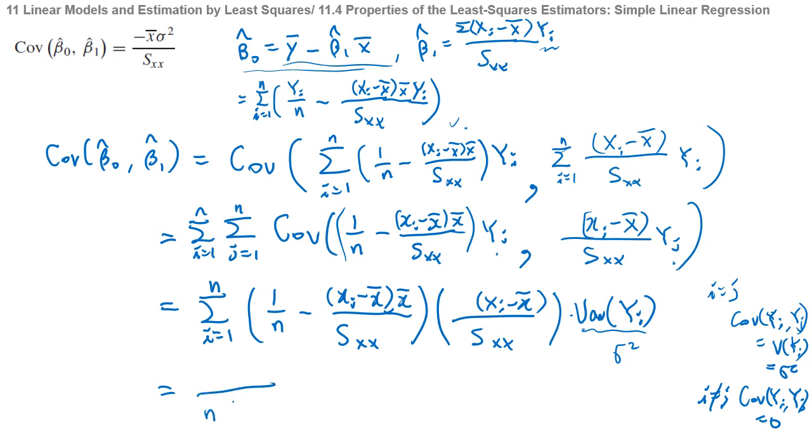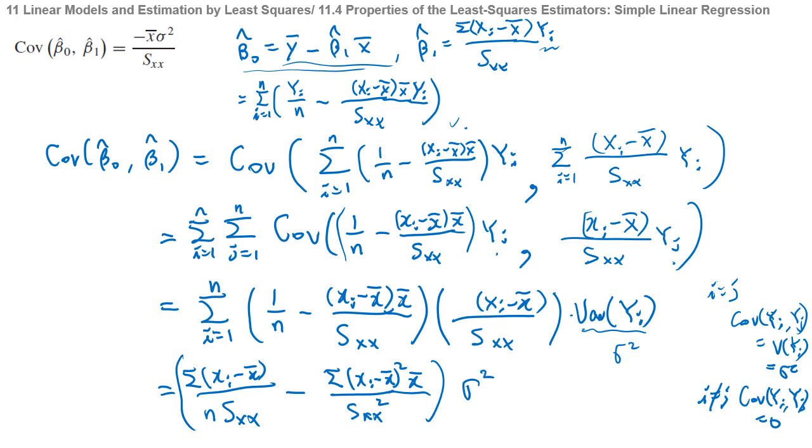1 over n times the sum of xi minus x bar, minus x bar over Sxx squared times the sum of (xi minus x bar) squared, times sigma square. And here, actually, this part, the sum of xi minus x bar, is 0. So this part goes away.